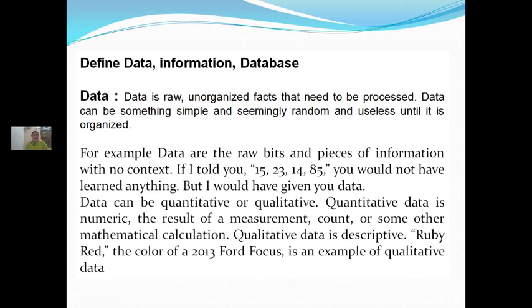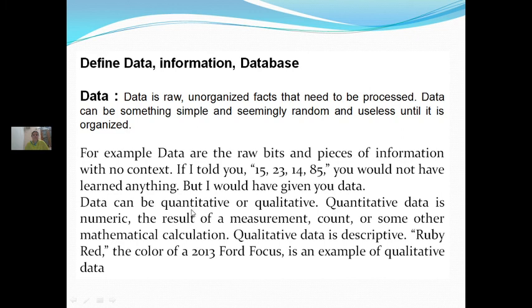Say, for example, we have the numbers 15, 23, 14, 85, but we are not saying what these numbers are about or what they are used for. We have just given the list of numbers. Now, data can be quantitative and qualitative.